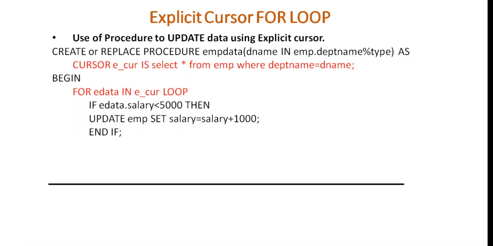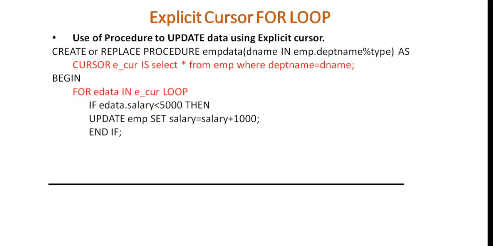The for loop is fetching data from the cursor. Edata is pointing to all the attributes of the table, so edata is also pointing to salary. If edata.salary is less than 5000, then update emp set salary equals to salary plus 1000.